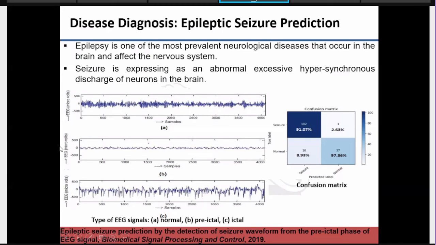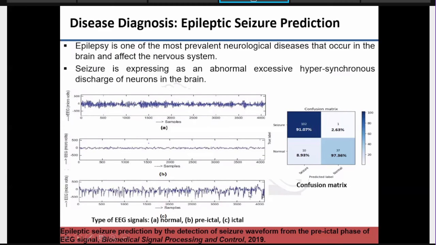If you see the signals, for normal people the signals will look like that. For epileptic patients, during the epilepsy or ictal period, the signals will have this kind of appearance.